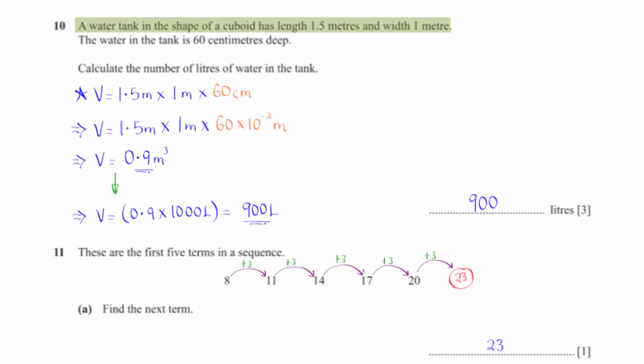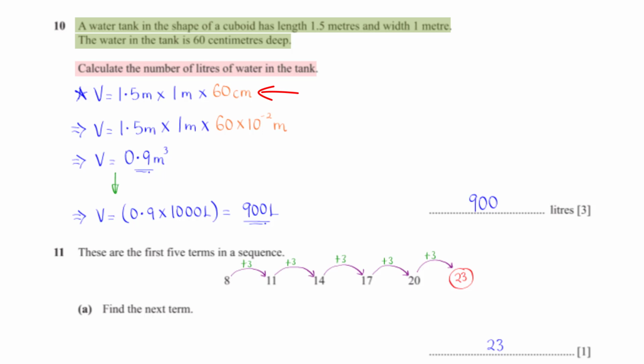A water tank in the shape of a cuboid has length 1.5 meters and width 1 meter. The water in the tank is 60 centimeters deep. Calculate the number of liters of water in the tank. So since the water tank is in the shape of a cuboid, its volume will be equal to the length times width times depth. The length is 1.5 meters.